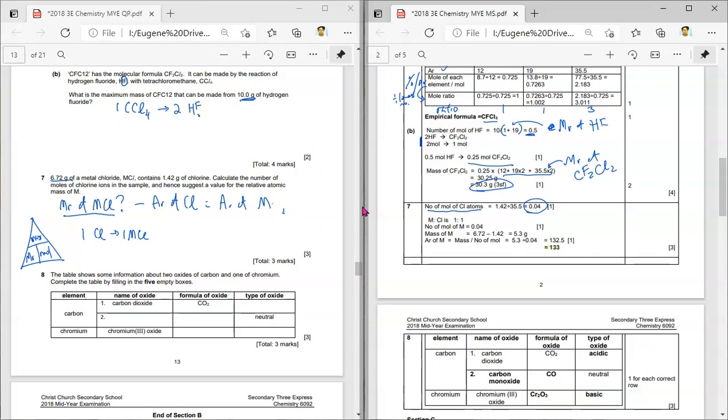The mass of M in the whole thing is 6.72 minus 1.42, and I get 5.3.